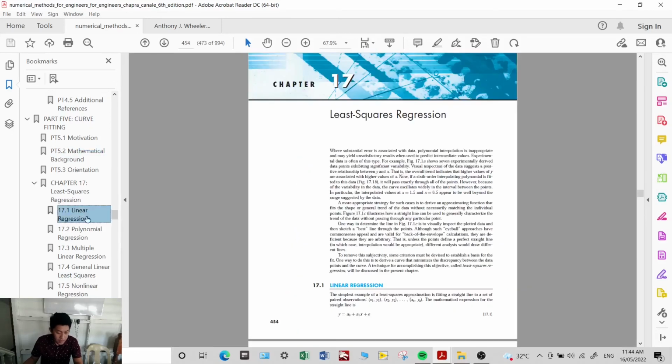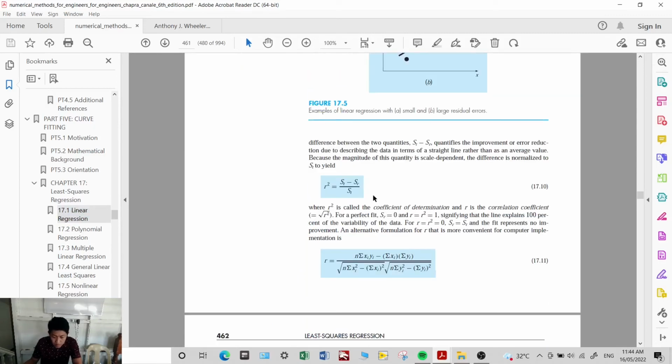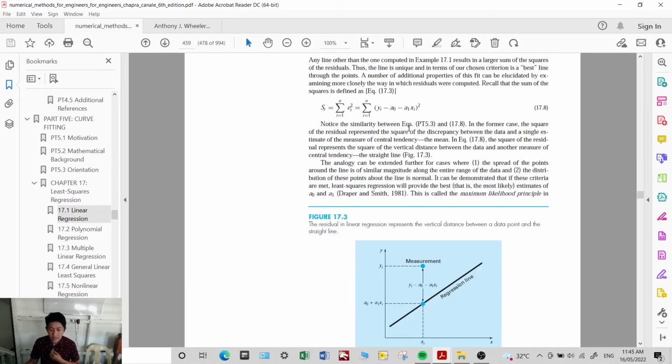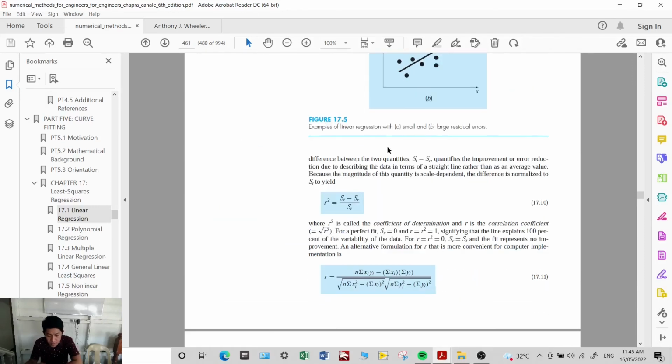So going back, the sum of the squares of residuals minus the summation of the error, divided by st. So you get the coefficient of determination.